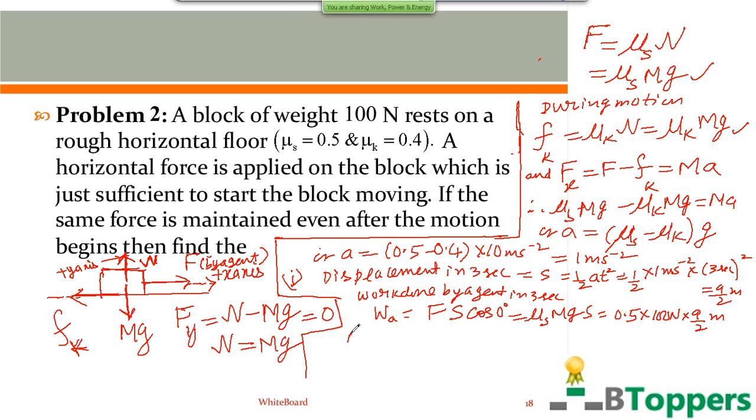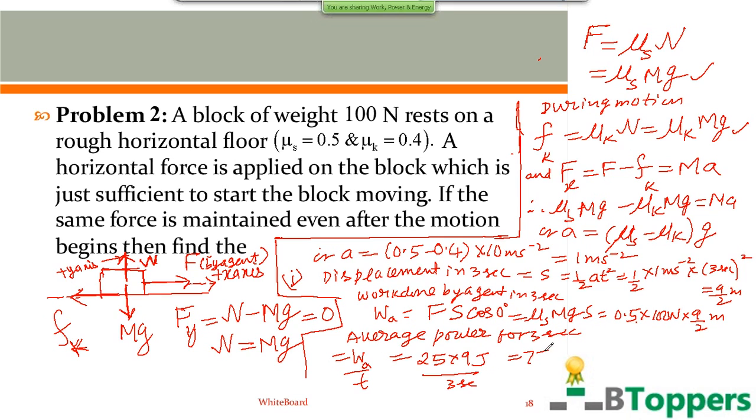So the average power delivered by the agent for 3 seconds is equal to the work done by the agent for 3 seconds divided by the time interval. Work done by the agent for 3 seconds, from this equation, you get 25 into 9 joules by 3 seconds.